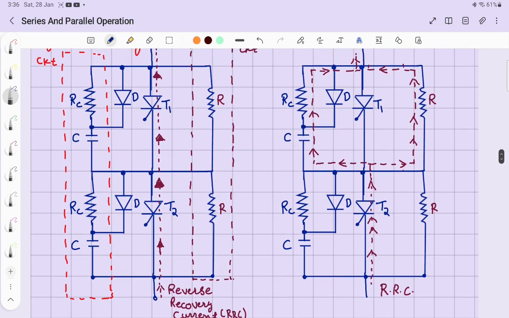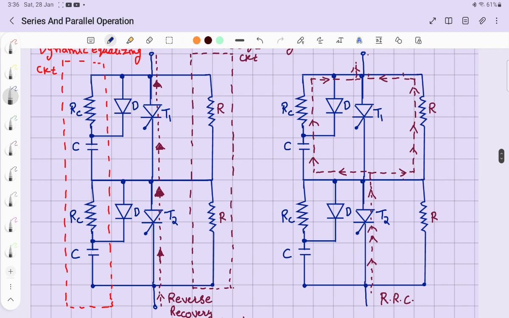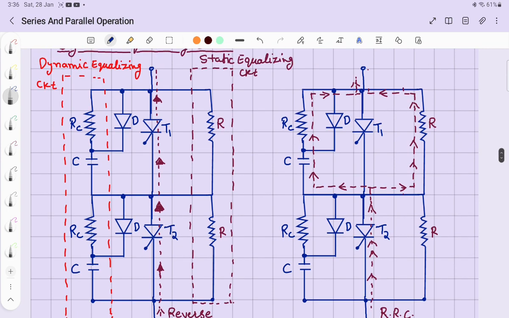One thing I would also like to tell you: you can remember the snubber circuit which we designed. That snubber circuit also helps in balancing during the turn off process, right? And you must remember why we connected this RC. It is used to limit the discharging current, because the moment T1 is turned on, a heavy current would flow if the RC were not there.